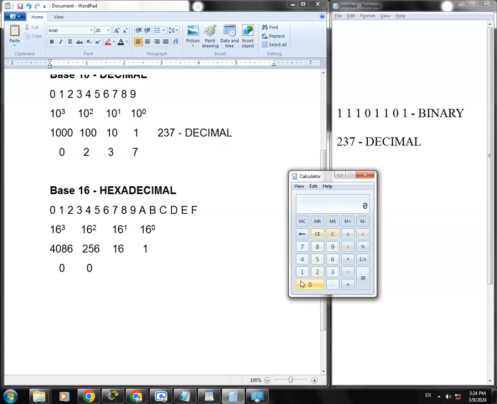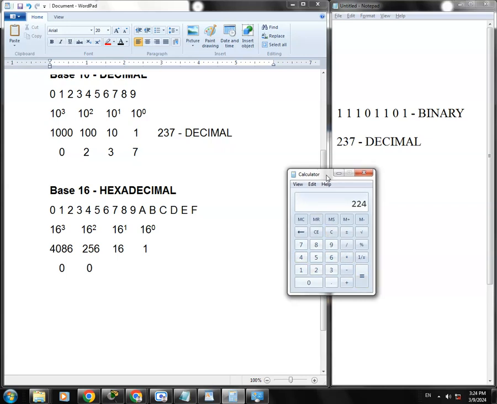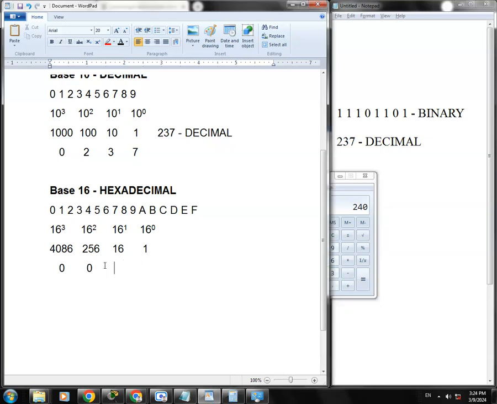Why? Because if I use the calculator again, 16 multiplied by 14 is 224. And if we add another 16 to the 224, it's now more than the 237. That's the end mark where we can use the number 14. So I need 14 pieces of 16, and I'll put that down in here.